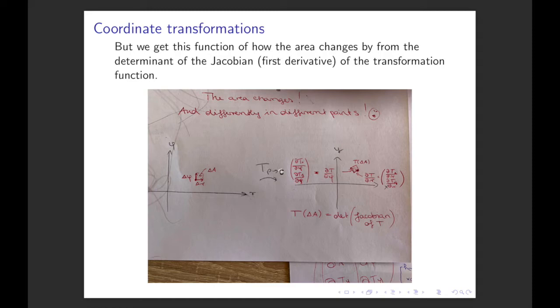Recap: write down the transformation of the coordinates, that is a function, approximate that by a linear function, that is the Jacobian matrix, and the change of the area element or the volume element, or in 4D, the four-dimensional volume element, and so on, is obtained by computing the determinant of the Jacobian. And then you know how to transform the volume element from one to the other. You just multiply with the determinant of the Jacobian, and that makes up for any change of volume or area in your transformation, and you can happily switch from one to the other.